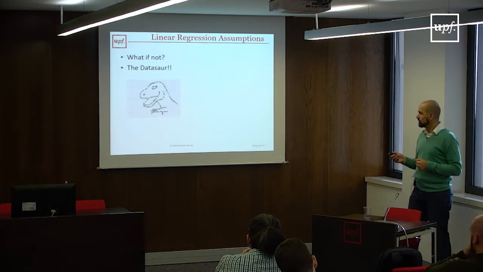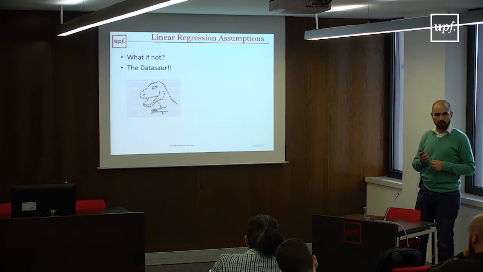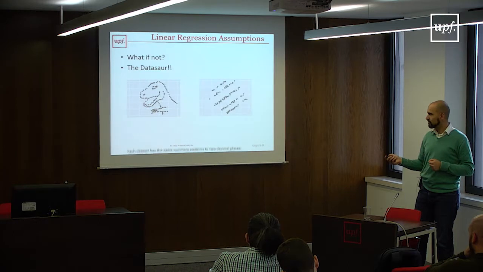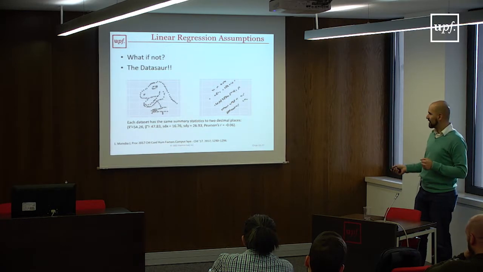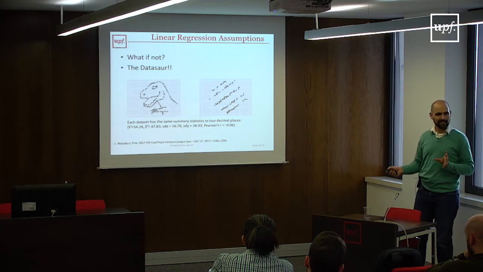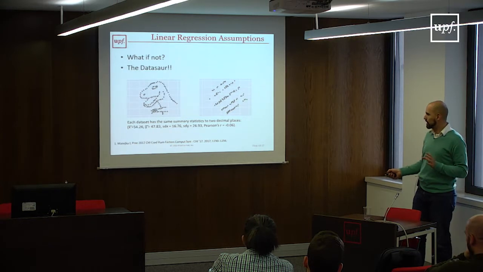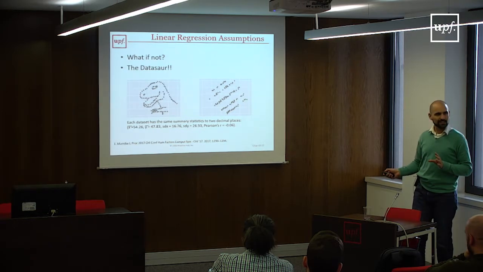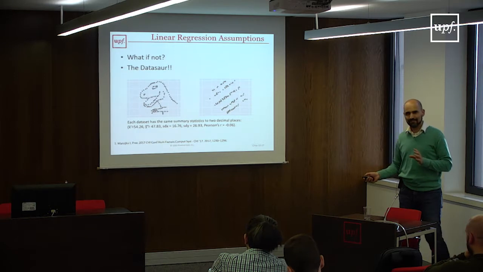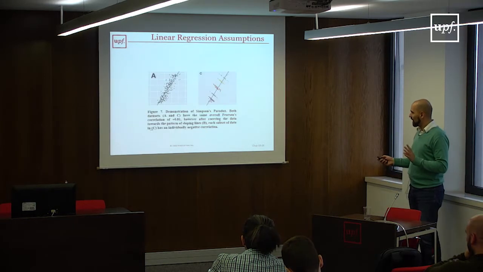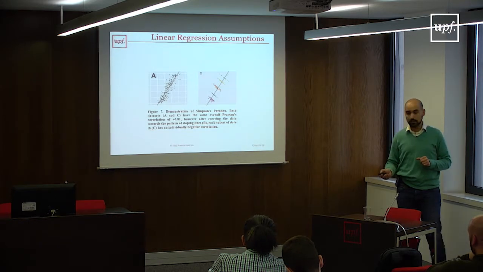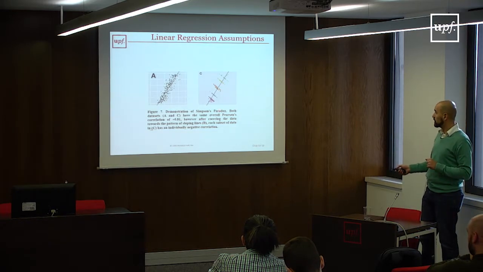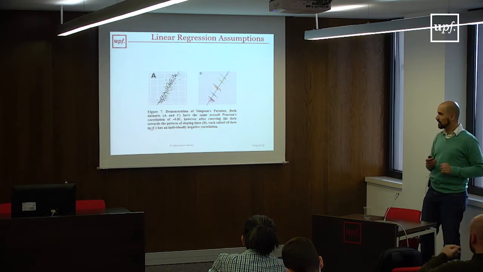What if not? Behold the data saurus. These two regressions mathematically are the same. It is quite clear that they are not. But if you publish just the number, these two are the same. Here, these two distributions have the same coefficient, which is pretty high, a Pearson correlation of plus 0.81.